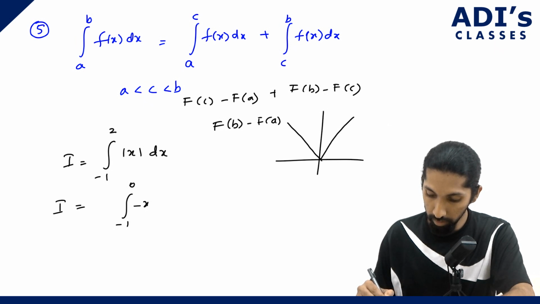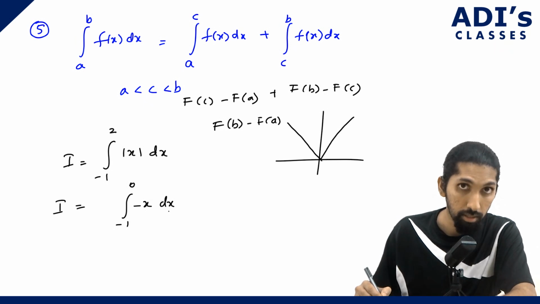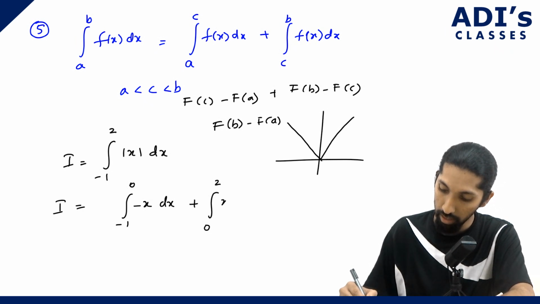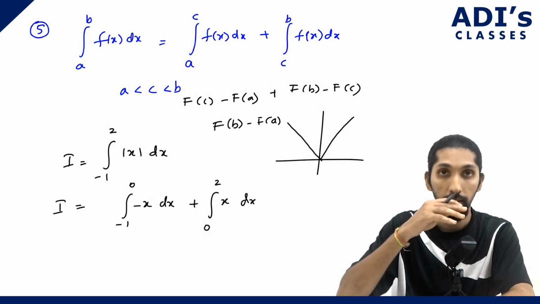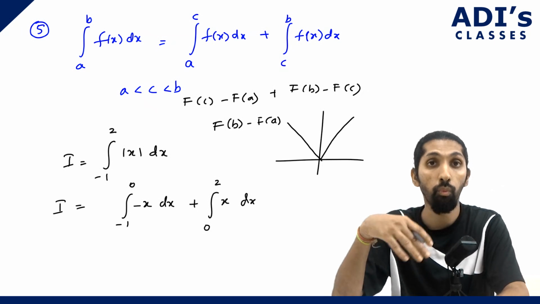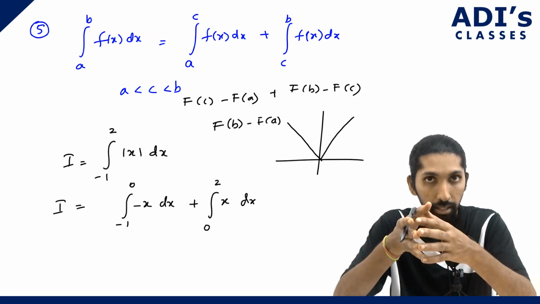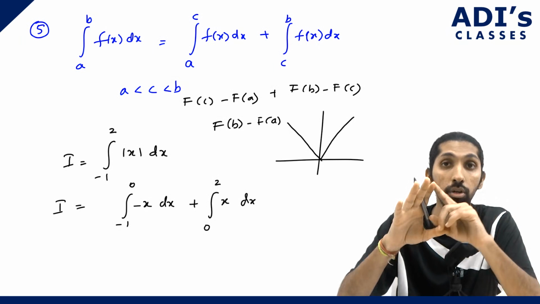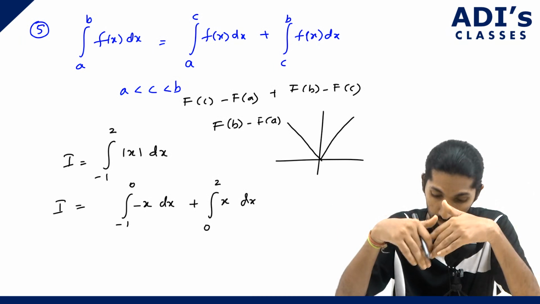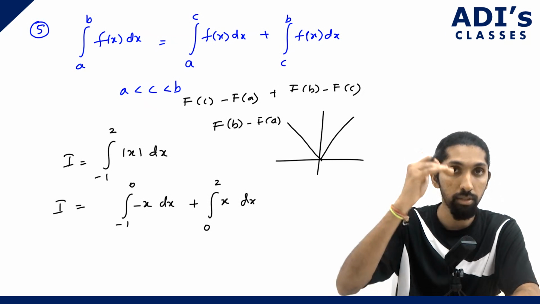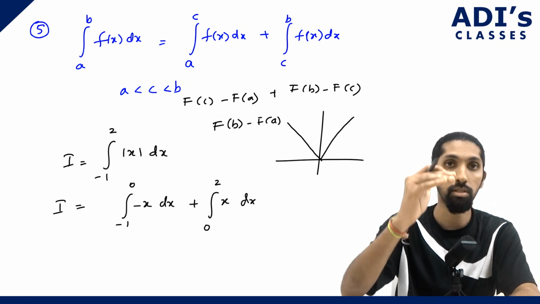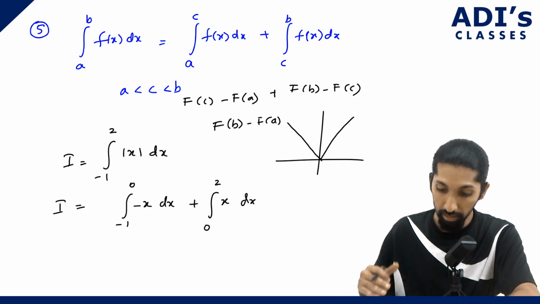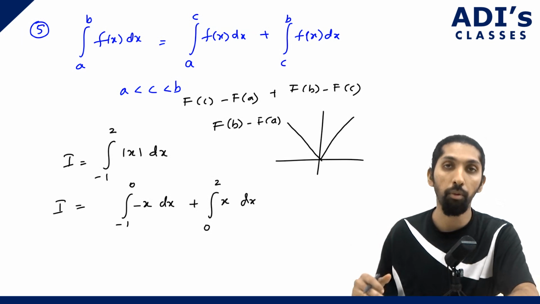Here the integrand is minus x because it's on the negative side, plus the integral from 0 to 2 of x dx. Fair enough? So you understood why we are doing it this way. From negative 1 to 0, the value of x is negative, so we take the negative. So you split the limit, just like the property we have from a to c and c to b: minus 1 to 0, 0 to 2. Fair enough? So this is an example for the fifth property.